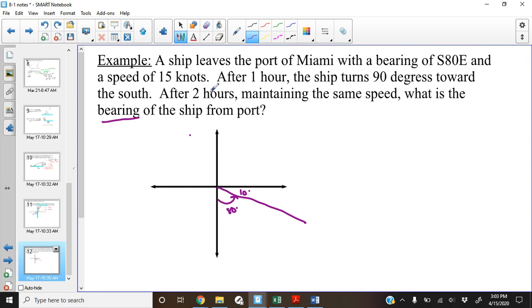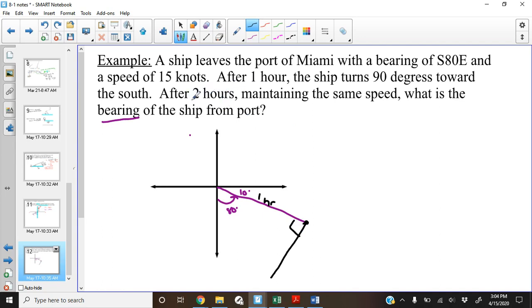We also know that the speed is 15 knots and that they travel for 1 hour. So after 1 hour, so let's put 1 hour, we've stopped and we turn 90 degrees towards the south. So 90 degrees south is going to be this way.